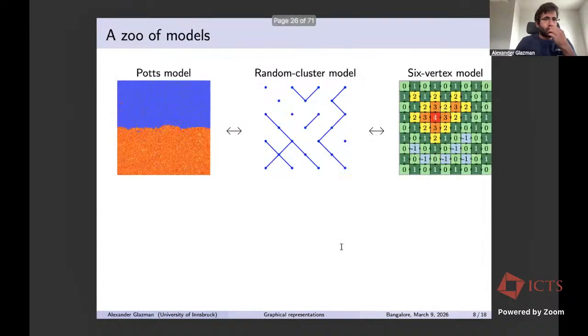So now I will show a slide with several models and several connections. Some of them I'll explain later. So first, the Potts model, which we discussed before, the one with many colors, which is connected to the random cluster model via the Edwards-Sokal coupling. Later I will explain that the random cluster model can be mapped to the six-vertex model, on the right picture, which is a height function on Z2.